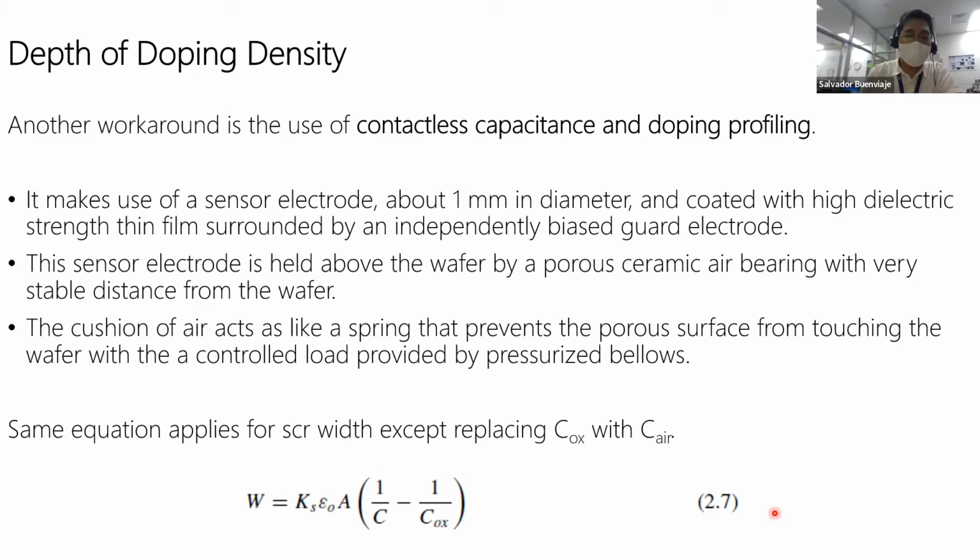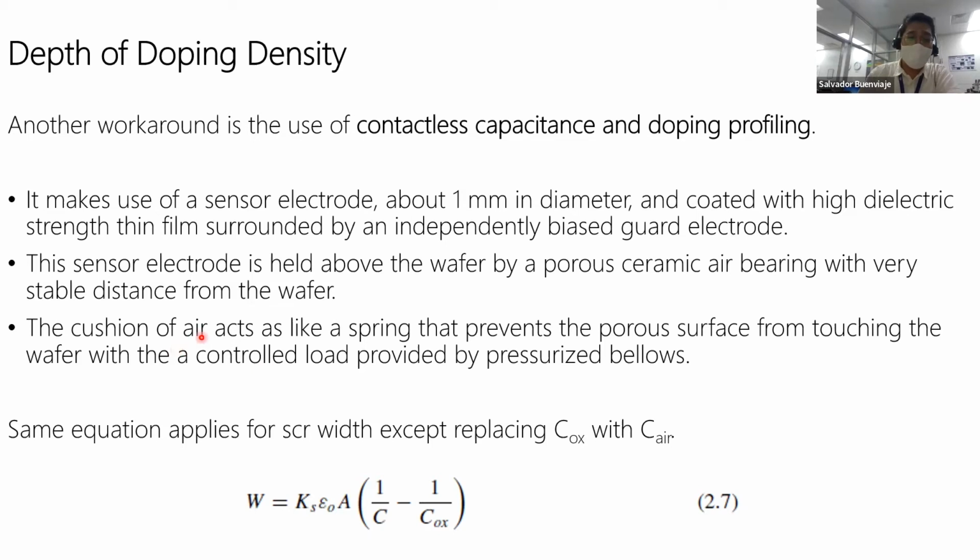It is a setup that makes use of a sensor electrode about 1 millimeter in diameter and coated with a high dielectric strength thin film, surrounded by a biased guard electrode. This sensor electrode is held above the wafer by a porous ceramic air bearing, which is very stable with respect to the position of the wafer.